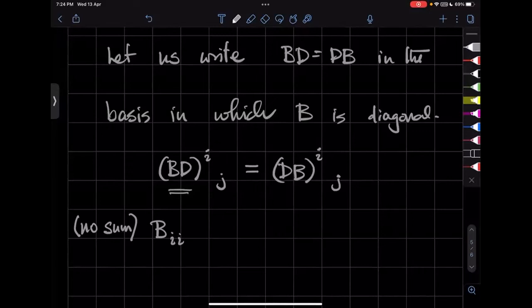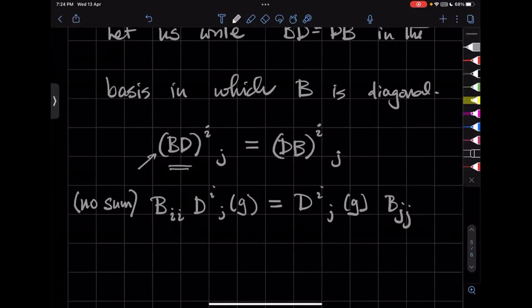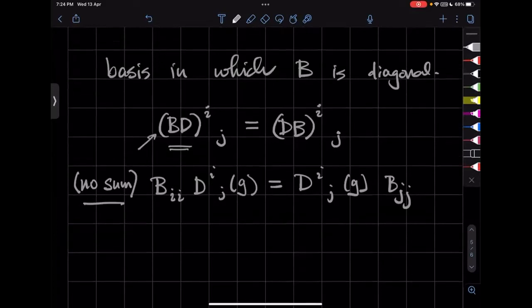So this element of this matrix can actually be written as B_II times D_IJ, and these of course depend on g. And similarly here, this will be D_IJ of g and then B_JJ. And there is no sum here, okay? This is the most important bit.